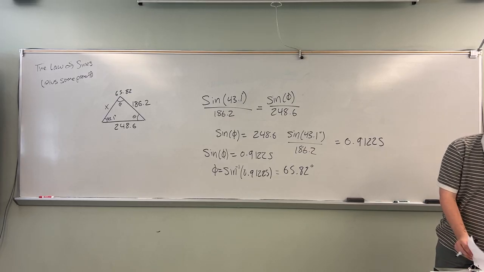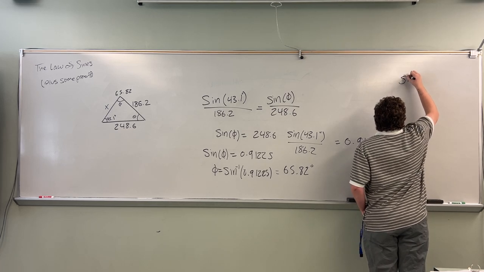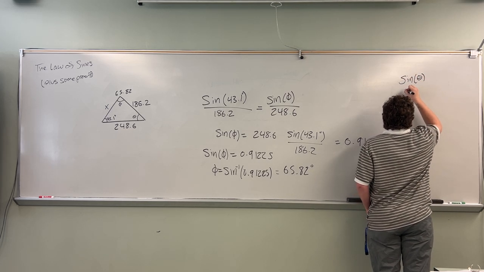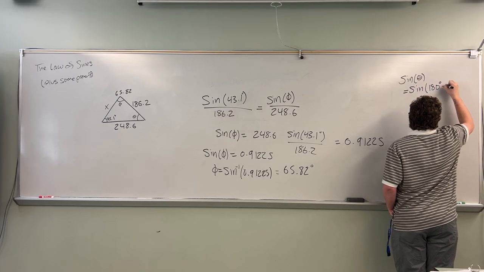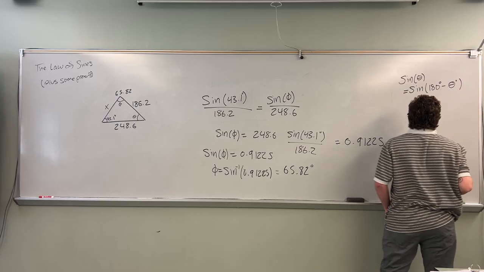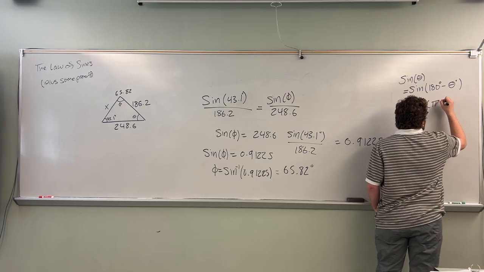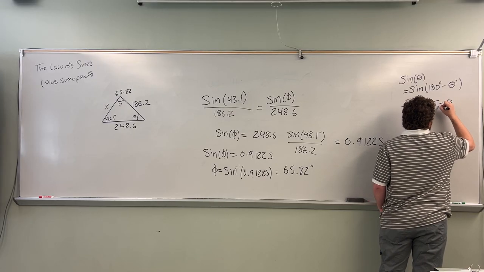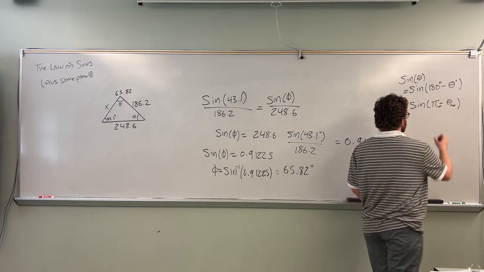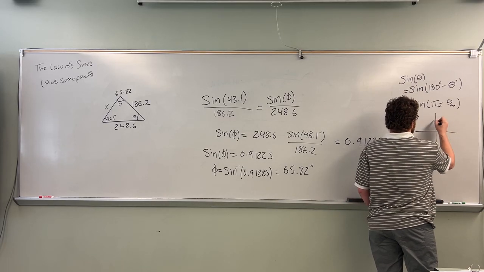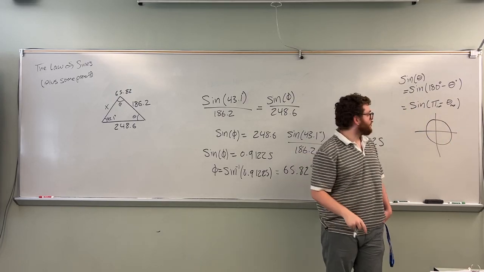Let me go over here. One thing to note is that sine of some angle is equal to sine of 180 degrees minus that angle in degrees. Or, using radians, sine of pi minus theta. For a quick visual proof, and we'll learn this with the unit circle, sine values correspond to the y part of a coordinate.